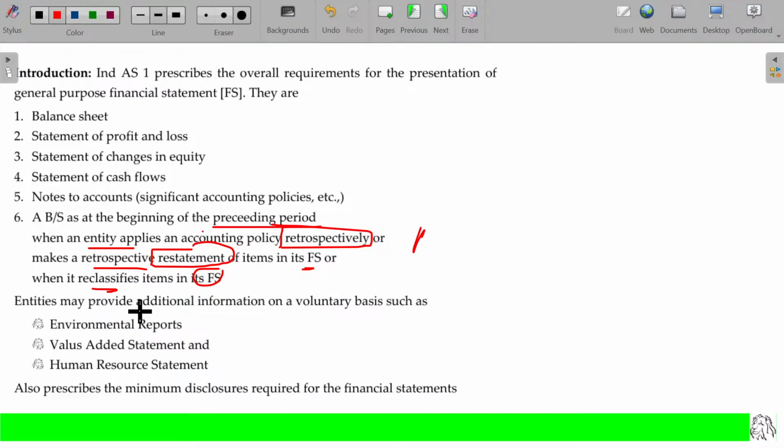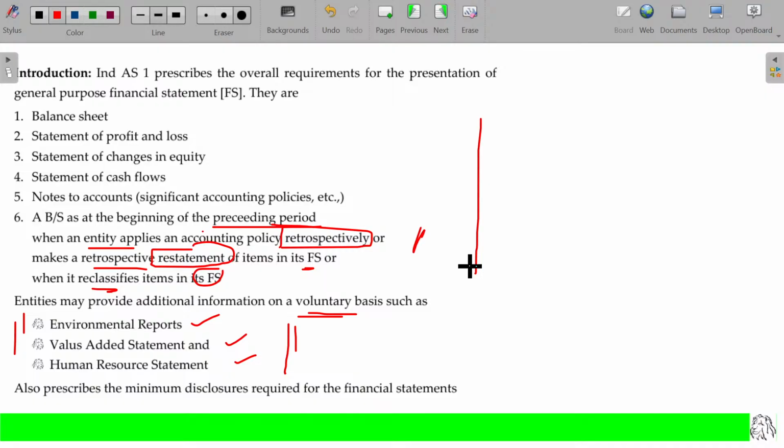Entities may provide additional information on a voluntary basis, such as environmental reports, value-added statements, human resource statements. These things can also be presented. Apart from that, environmental reports show how far we are supporting environmental development, preservation, conservation, and all.